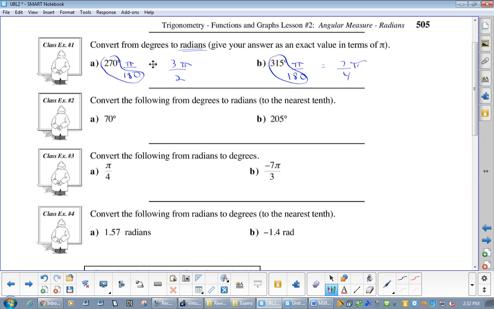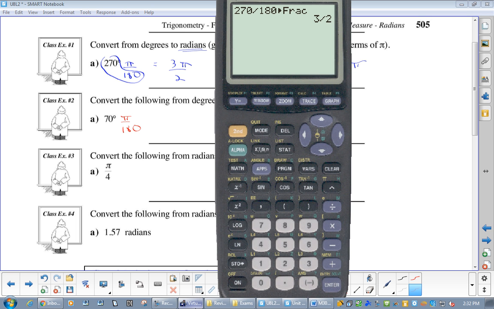Now, when you look at something like 70 degrees, 70 degrees isn't on the unit circle, so it says do it to the nearest tenth. We would multiply by pi over 180. You have to be really careful that you do your top in brackets.